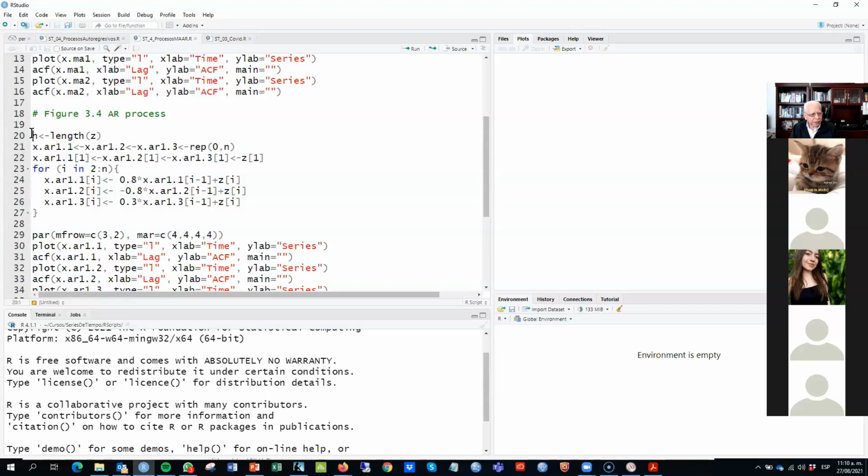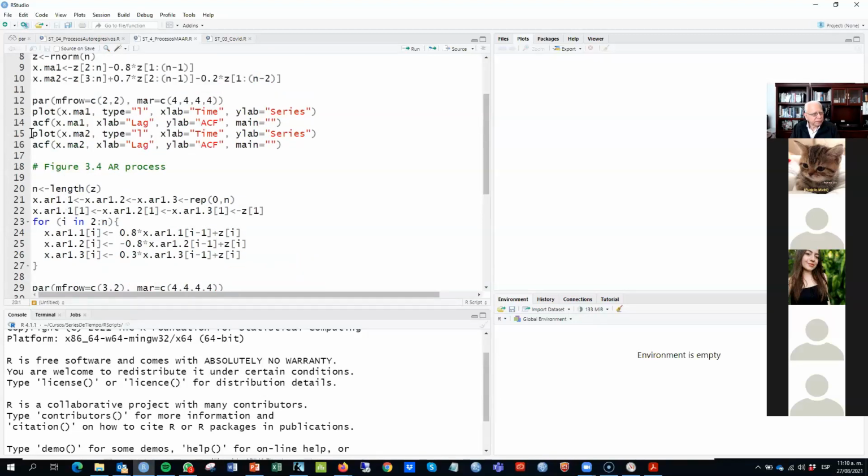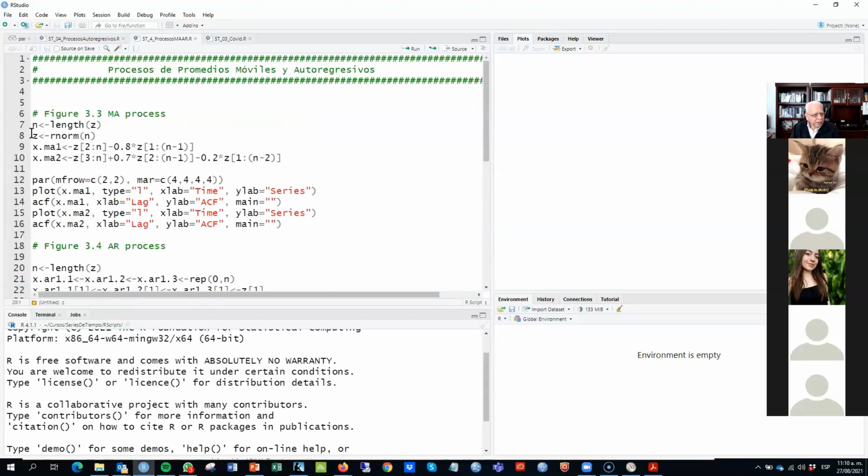Do you have the script already? I'm going to generate the white noise first. If you're not ready, let me know so that I stop here.